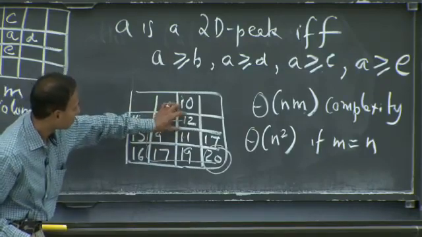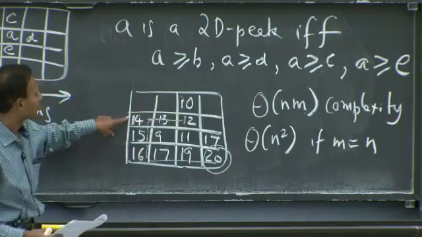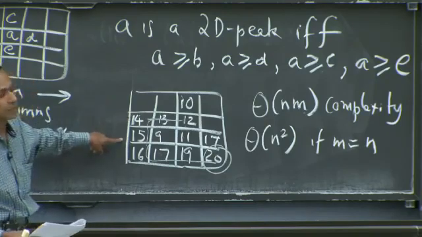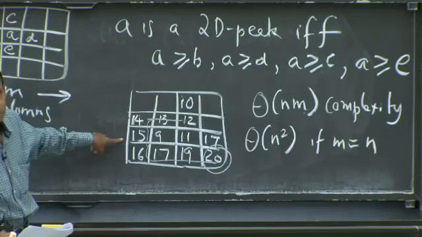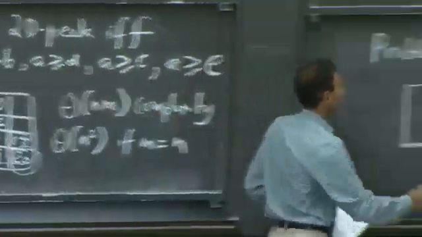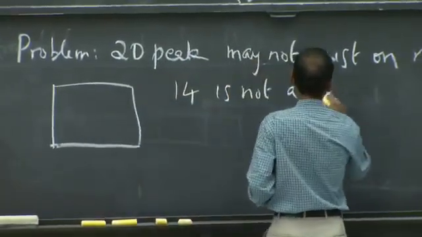And then when I choose this particular row and I find a peak on this row, it would be 14. That is a 1D peak on this row, but 14 is not a 2D peak. So this example would return 14, and 14 is not a 2D peak. All right?